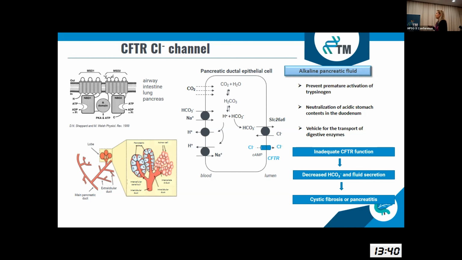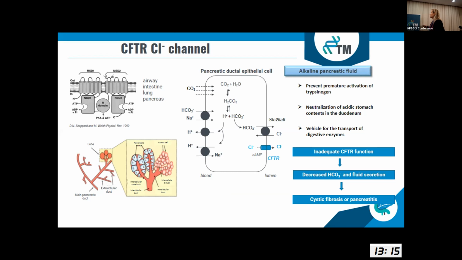Between the two NBDs, there is a regulatory domain which can be phosphorylated. Due to the hydrolysis of ATP and the phosphorylation of this regulatory domain, the CFTR chloride channel opens. In the pancreas, the CFTR is located on the intra-interlobular pancreatic duct.